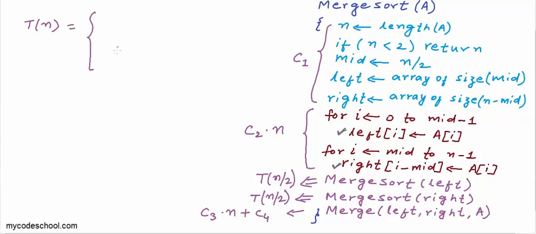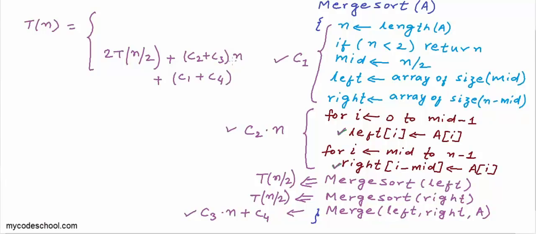So for n greater than 1, T(n) will be equal to 2 times T(n/2) plus we can add all these costs up. It will be something like this. If n is less than 2, or in other words, if n is equal to 1, that is the only case in which we will simply return.